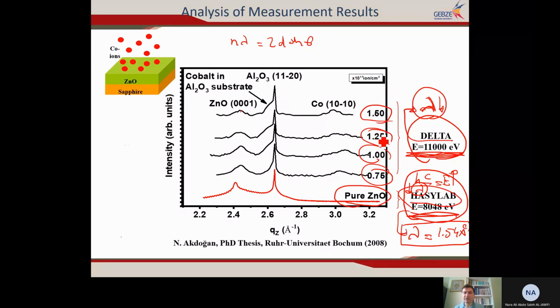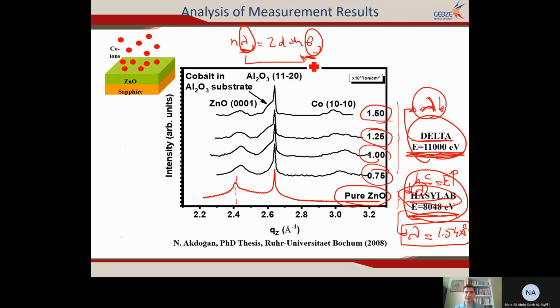So if you take this data from different X-ray sources, then what about comparison? You cannot compare them because if you change the lambda, then the peak position changes. So the peak position theta for the zinc oxide will be different for the lambda from HASYLAB and different for the lambda from DELTA, okay?